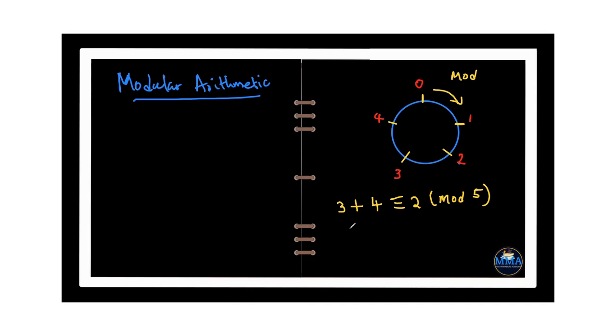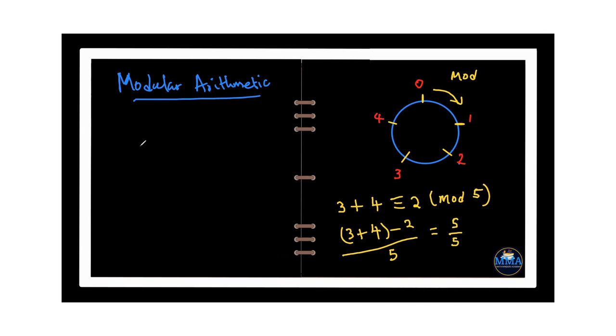What it means is that 3 plus 4 minus 2 can produce a number that 5 can perfectly divide, and which is true, because what we get here now is 5, and 5 can actually divide 5.